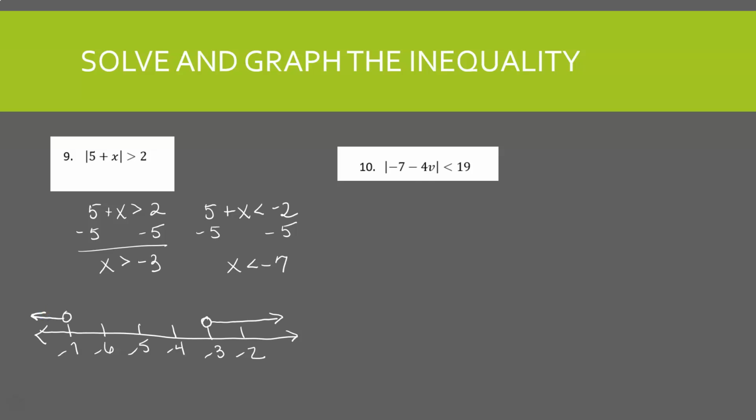Number 10. Negative 7 minus 4v is less than 19, and I'm also going to solve it for the negative version, making sure I flip the sign for negative. Add 7.